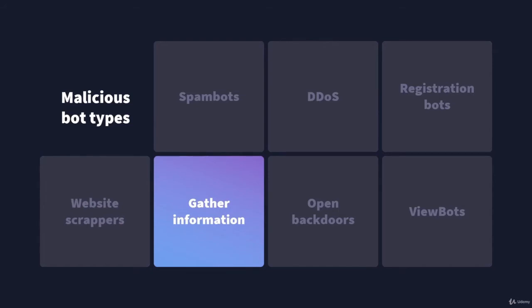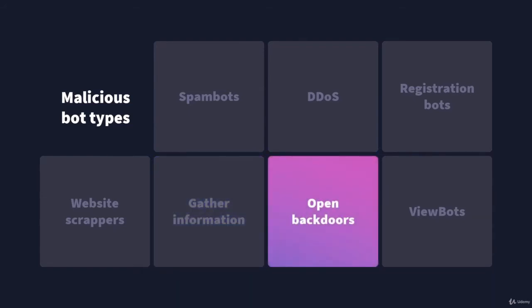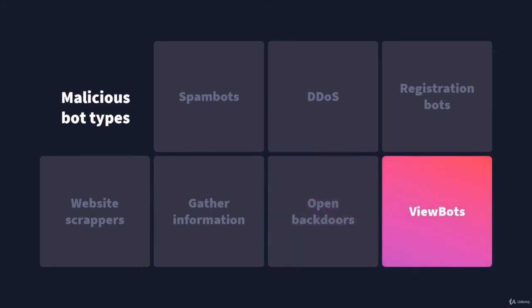For example, such a bot could scrape information from social media such as LinkedIn and Facebook so that cybercriminals can use this information to prepare spear phishing attacks. Other types of bots can open backdoors on the infected computers so that even more malware can be installed. Last on our list, we have viewbots, which are used to generate fake views, comments, and likes on the internet.